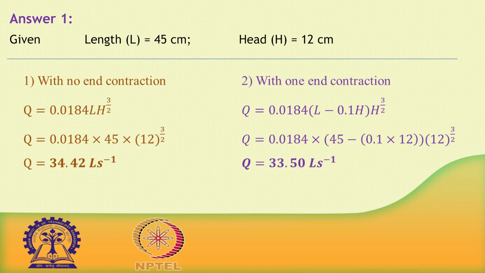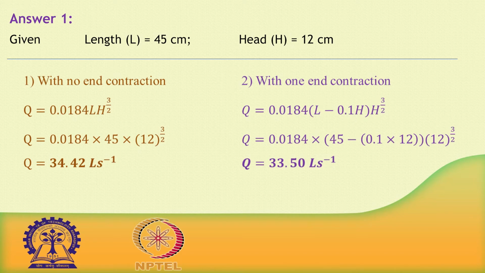When there is one end contraction, the length is reduced. The effective length is reduced to L minus 0.1 h, so 0.1 h is reduced from the length and then it is used. The remaining formula remains the same.